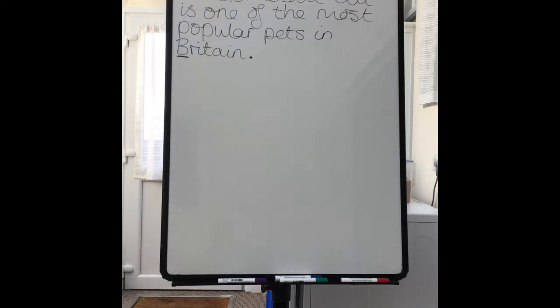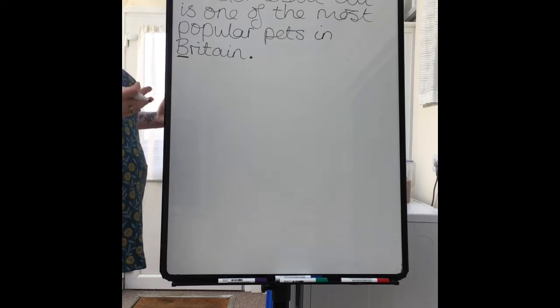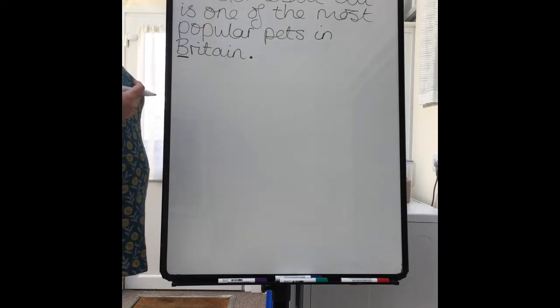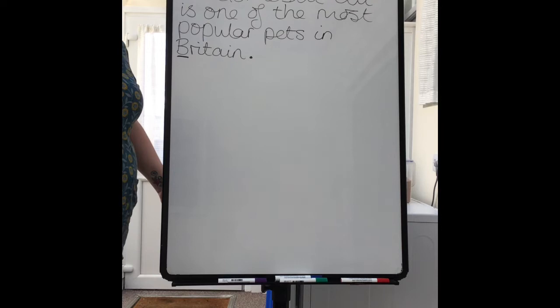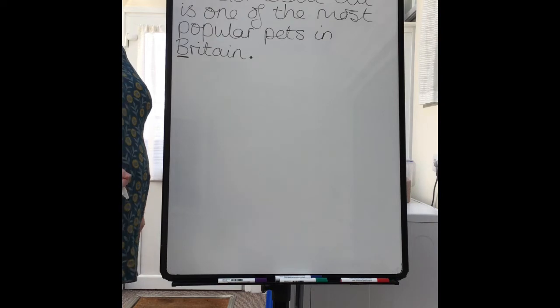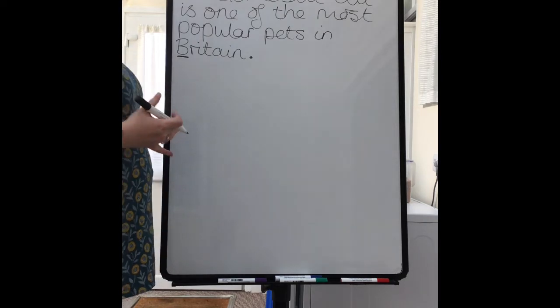Moving on, I now need to make another fairly general statement that's quite interesting to capture the interest of my reader. So, cats have been around for a very long time. They've been around for thousands of years. So why don't I start with something like that? Now, I would like to start my sentence in a different way, so I'm going to start with a fronted adverbial.